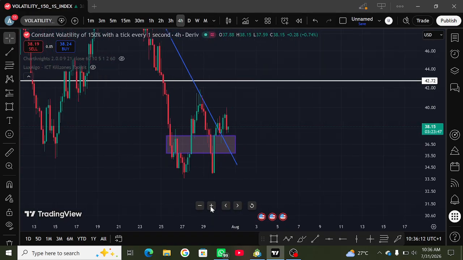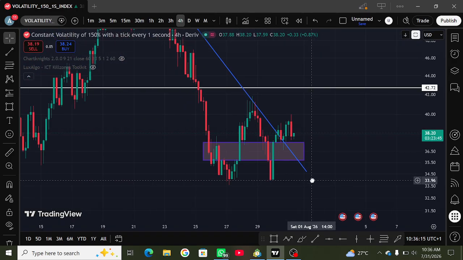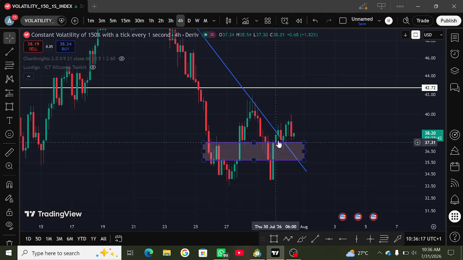And this time around, it has come to retest it again, leaving this evening star that closed bullish, and then here became my entry.